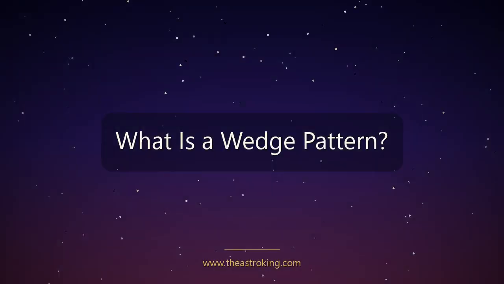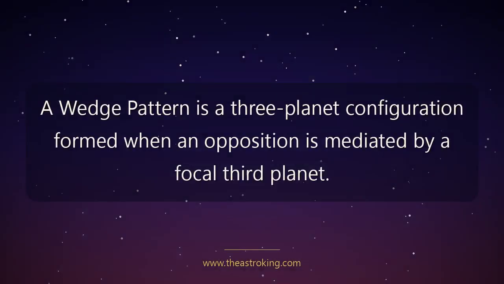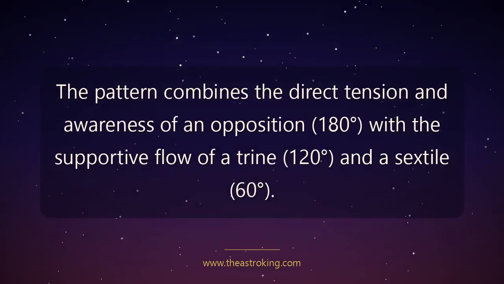What is a wedge pattern? A wedge pattern is a three-planet configuration formed when an opposition is mediated by a focal third planet. The pattern combines the direct tension and awareness of an opposition, 180 degrees, with the supportive flow of a trine, 120 degrees, and a sextile, 60 degrees.